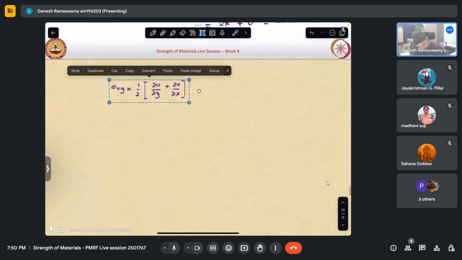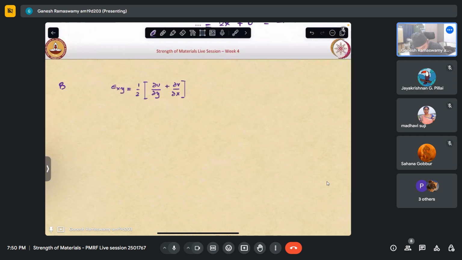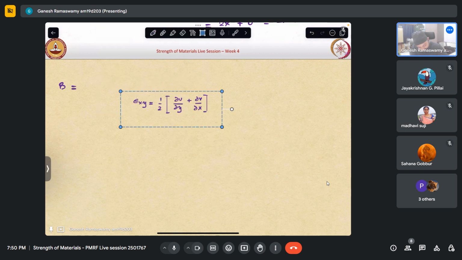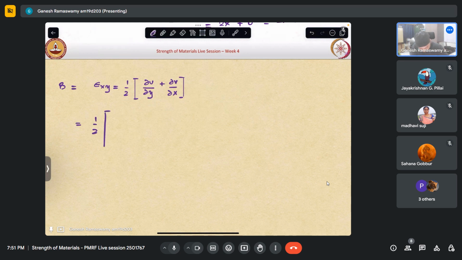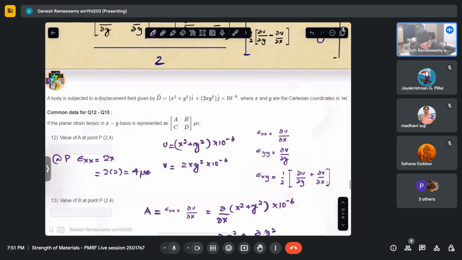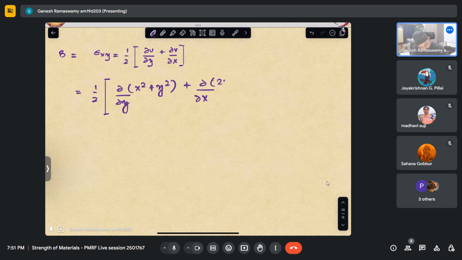Component B is this, which is nothing but half of dou u by dou y of x squared plus y squared plus dou v by dou x, where v is 2xy squared, into 10 power minus 6.